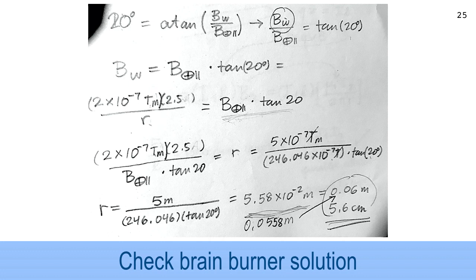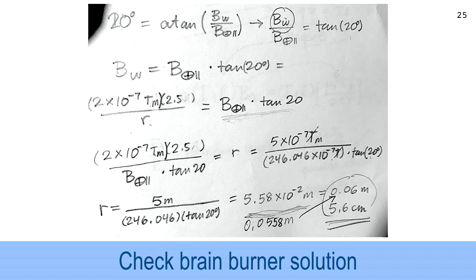Remember, it was the 4 pi times 10 to the minus 7 over 2 pi. I just simplified that to 2 times 10 to the minus 7. Now I've got that same factor here, so here's my 2 times 10 to the minus 7 and my amps.